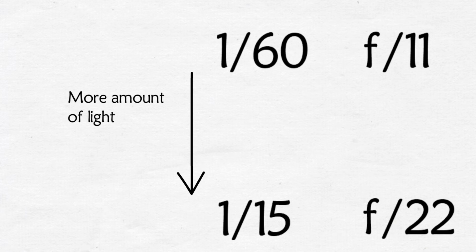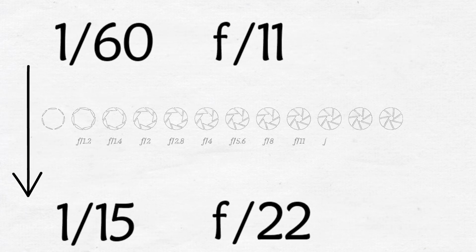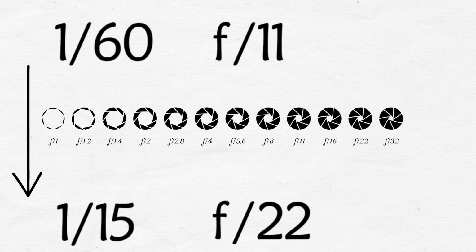Now, 1/60 to 1/15, how many stops? It would be 1/30 and 1/15, 2 stops. 2 stops, I am allowing more light. So, I have to cut out 2 stops from the aperture, right. From f11 I got to move on to a smaller opening by 2 stops.